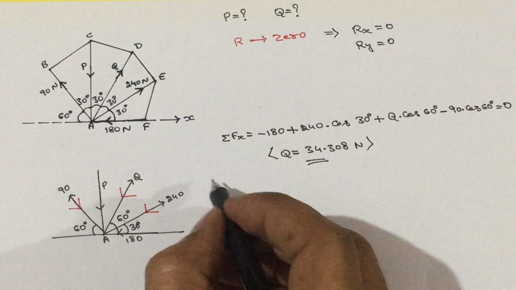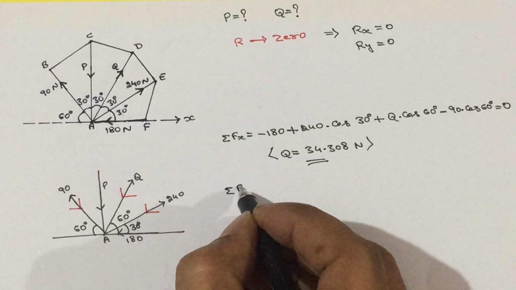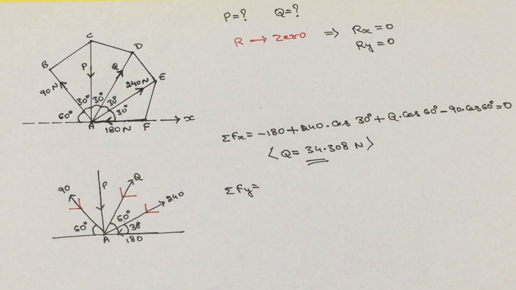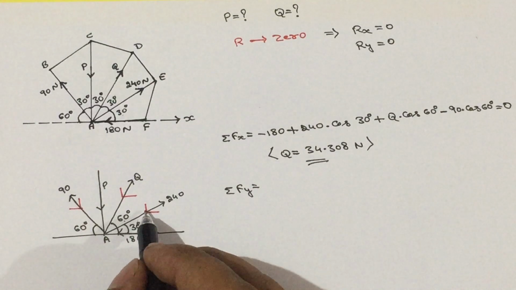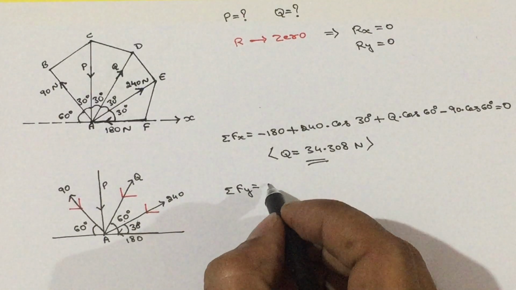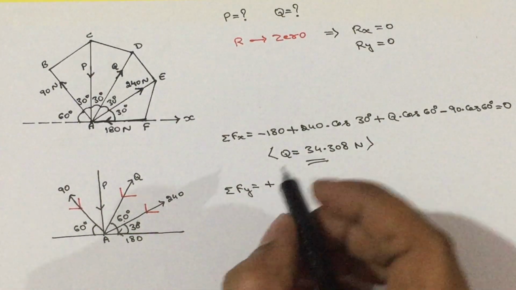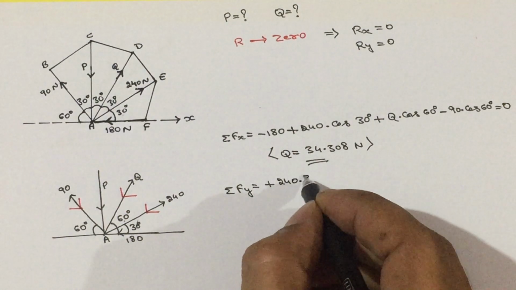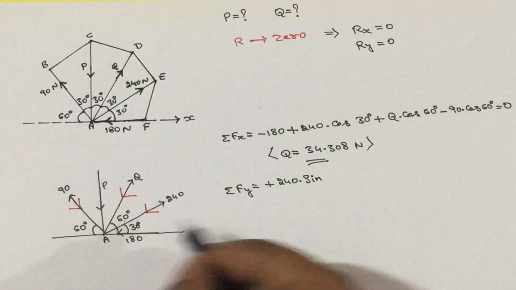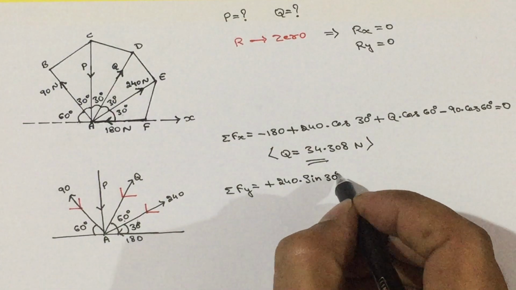Then let us calculate sigma Fy, only the vertical forces and vertical components. 180 is horizontal, leave it. For 240, the vertical component is moving upward, plus, F sin theta, that is 240 into sine of horizontal angle 30 degree.